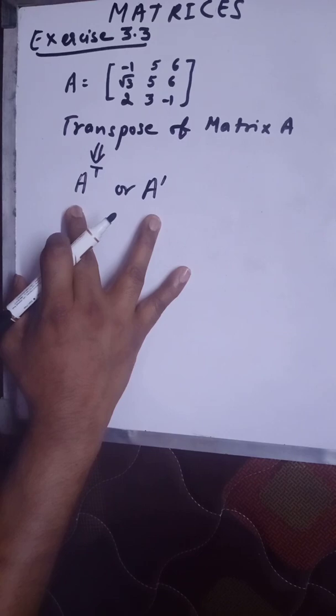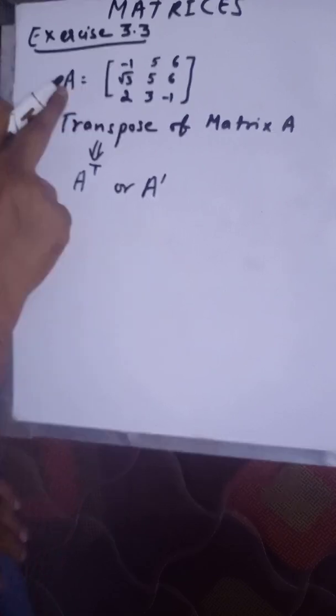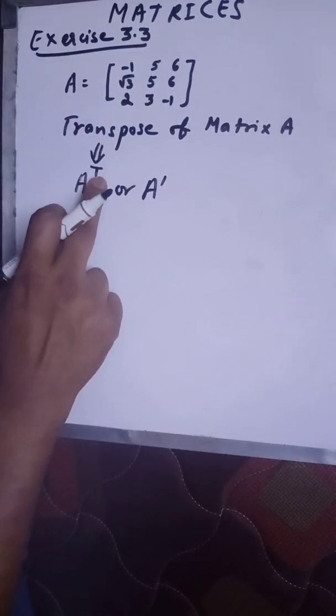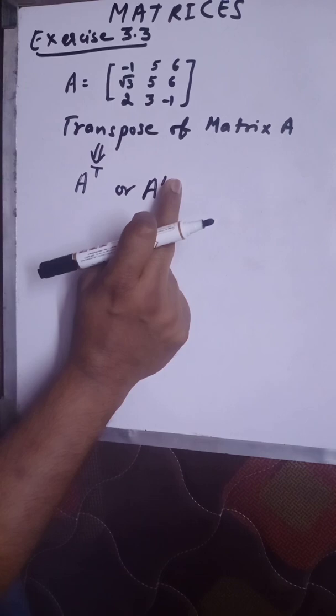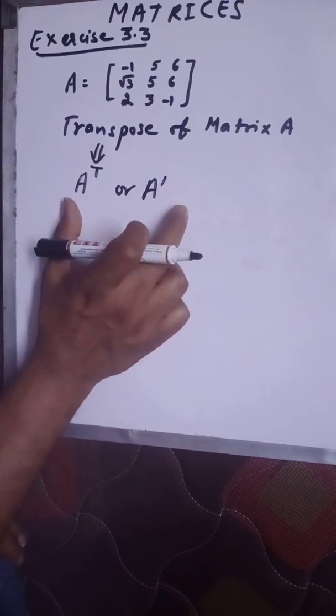These are the two symbols to represent the transpose of any matrix. So here we are using matrix A, so it would be A transpose or A dash. These are two symbols by which you can represent transpose.